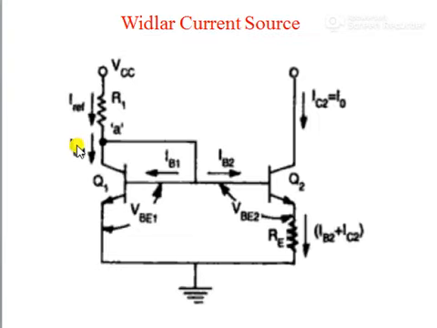Now apply KCL at node A, that is I reference is equal to IC1 plus IB1 plus IB2, because the base current enters both the base terminals of transistors Q1 and Q2.